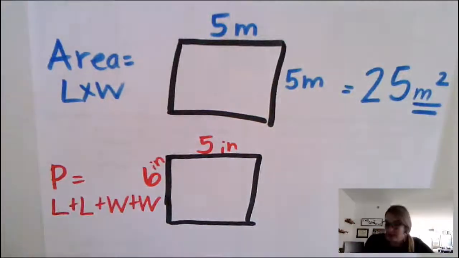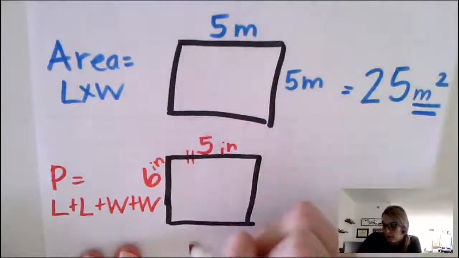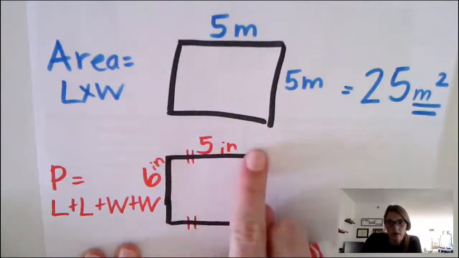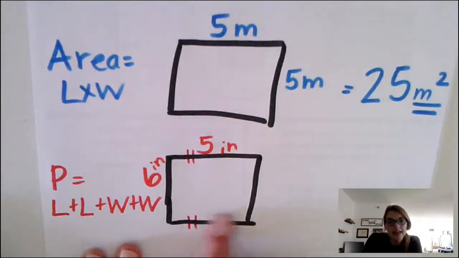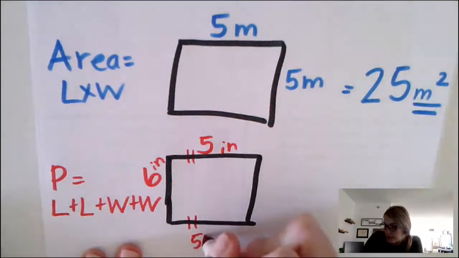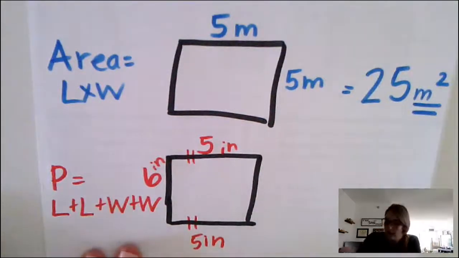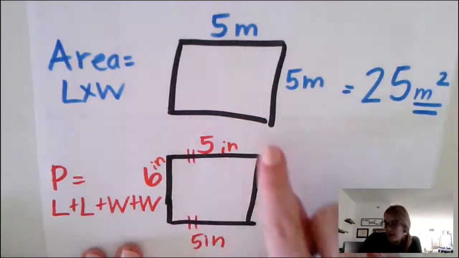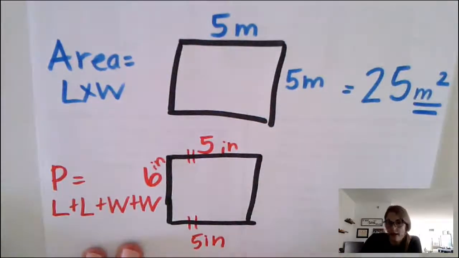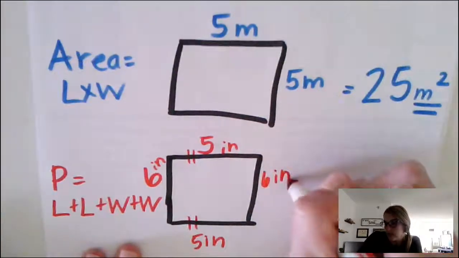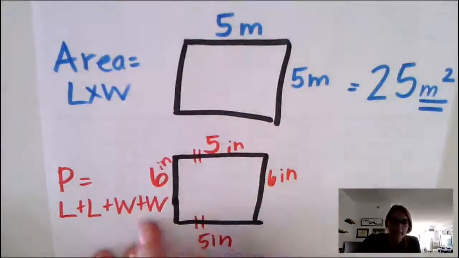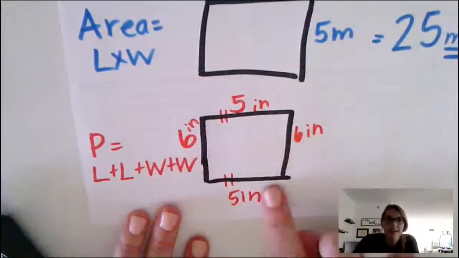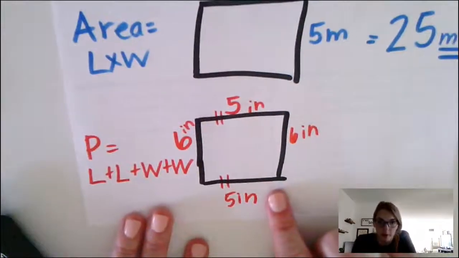So if this side up here is 5 inches long, this side down here is also 5 inches long. And if this side here is 6 inches long, it's parallel to this side, which is also 6 inches long. So now we have all of the measurements to help us solve this perimeter problem.